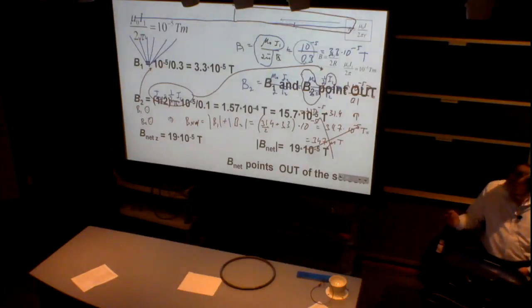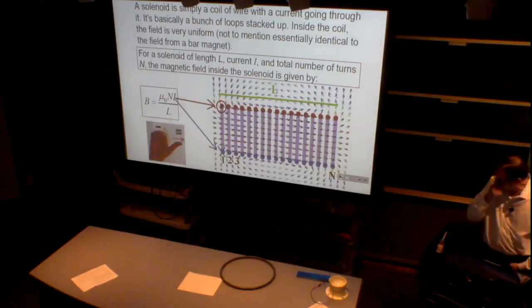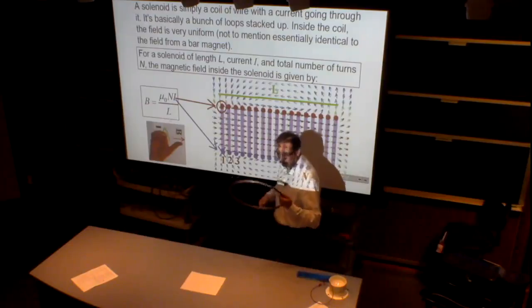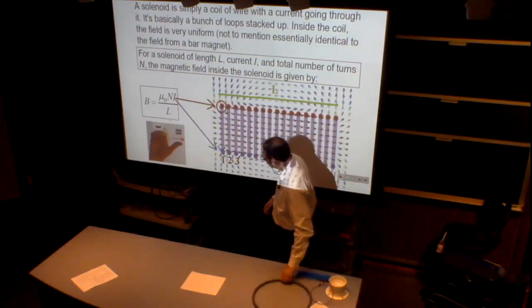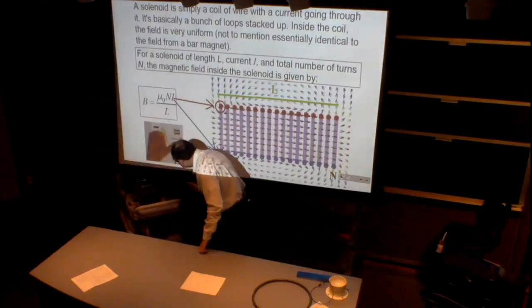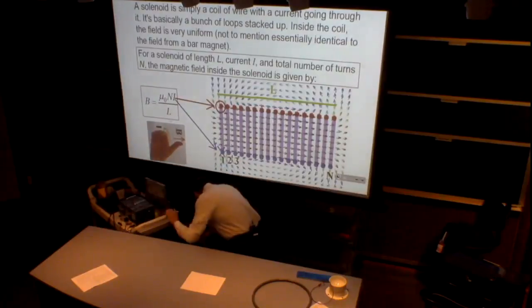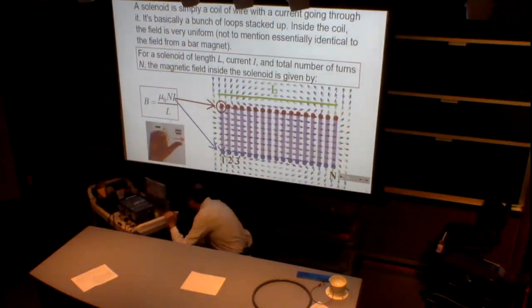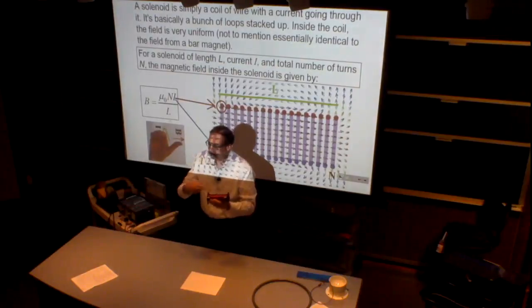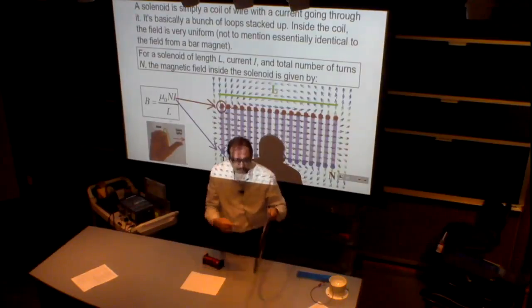Well, that's an illustration. And now, the whole theory about a single loop is not so important. What's important is the next step. If you make a device which has a name, a coil or a solenoid, which looks like this, made of many individual loops, each loop generates its own magnetic field.